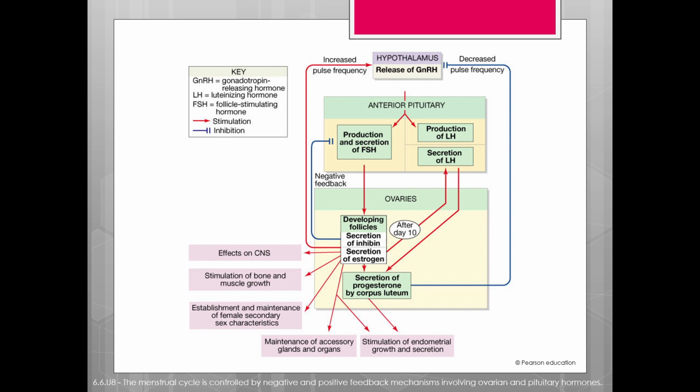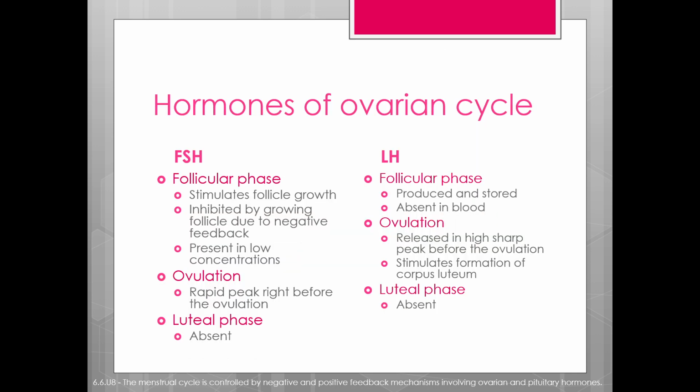This is the basic scheme of how control of the menstrual cycle works. I assume it was not very hard. In the presentation, you will also find some further analysis of how levels of hormones change over the menstrual cycle, so use the presentation, the diagrams, the descriptions to absorb all this in the way which most suits you.